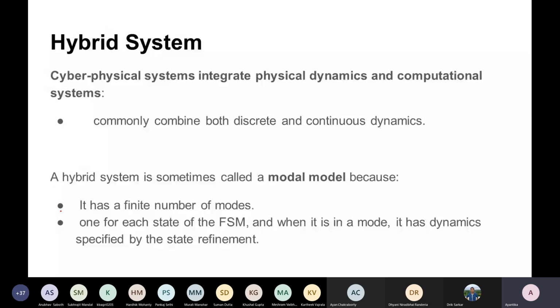Now one question is, everything we talked about was in terms of some discrete signals, maybe we should say discrete inputs. But when we are talking about cyber physical systems, and embedded system modeling means mostly we are trying to model the cyber physical system, they combine both discrete dynamics as well as continuous dynamics.